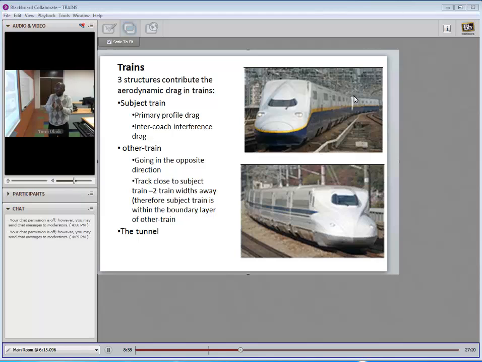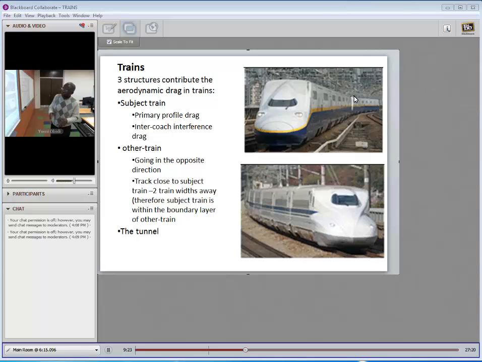There is the drag between subsequent coaches, between the first and the second and the third all along. So that's the intercoach interference drag. There's the primary profile drag of the vehicle itself, the skin friction and the pressure drag. And on top of that, there is the intercoach interference drag for the subject train.